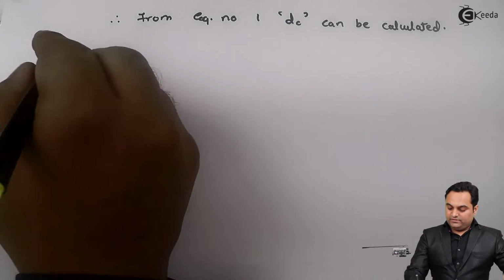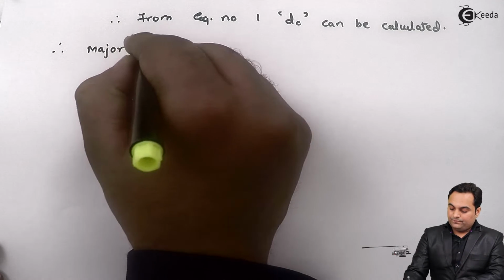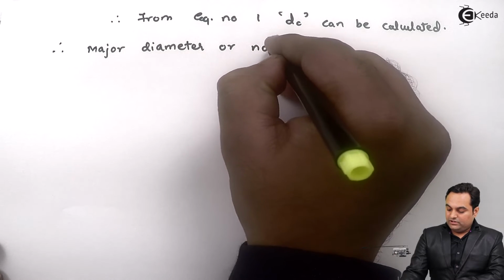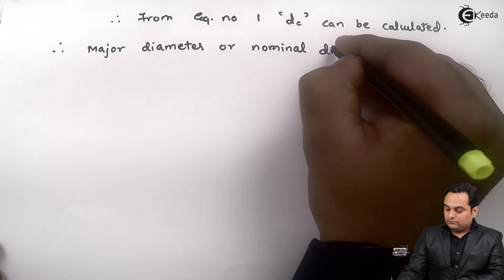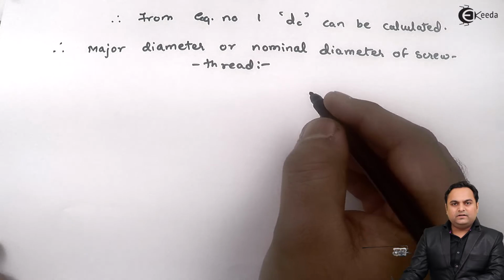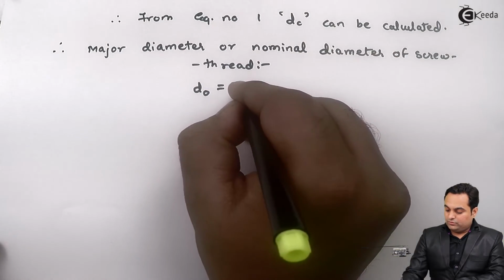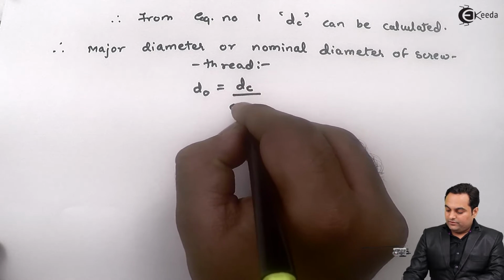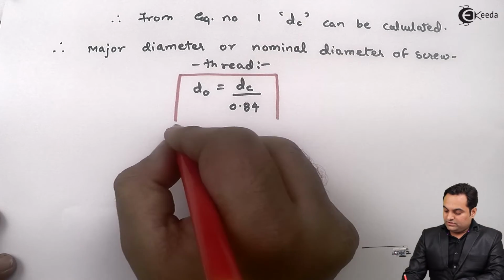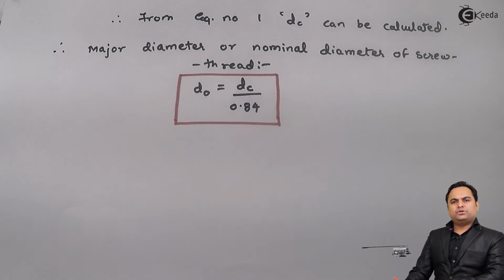So next, the outer diameter is called the major diameter or the nominal diameter of screw thread, that is DO. The nominal diameter is core diameter DC divided by 0.84. So we can use this empirical relation to calculate the nominal diameter of screw thread.